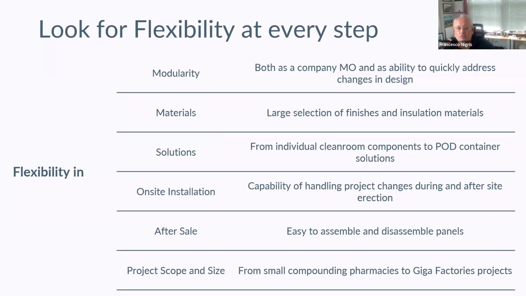So you need to have a partner that is flexible at every step. Modularity, of course, as opposed to stick build, gives you this flexibility. You need to have a partner that knows that you have choices regarding the materials, different solutions.